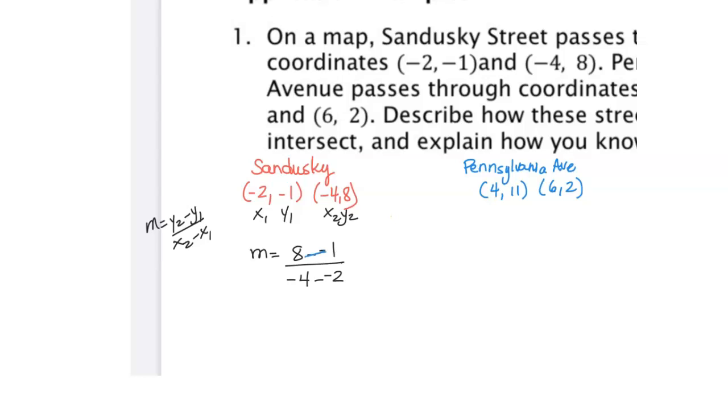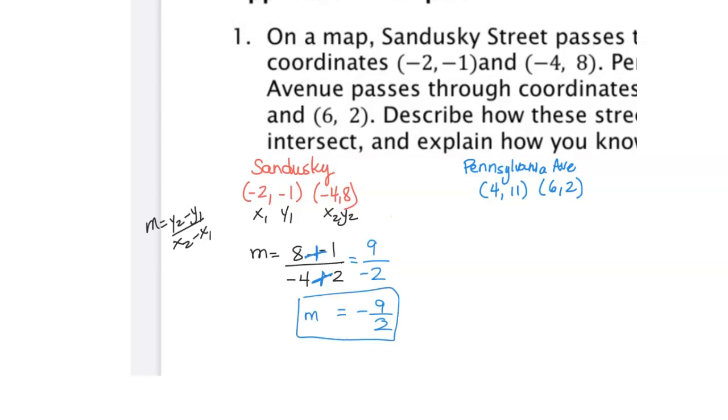Subtracting negatives means that we're just going to add. And so we'll have 8 plus 1, which is 9. And -4 plus 2 gives us a -2. So this will get a -9 over 2 as our first slope.